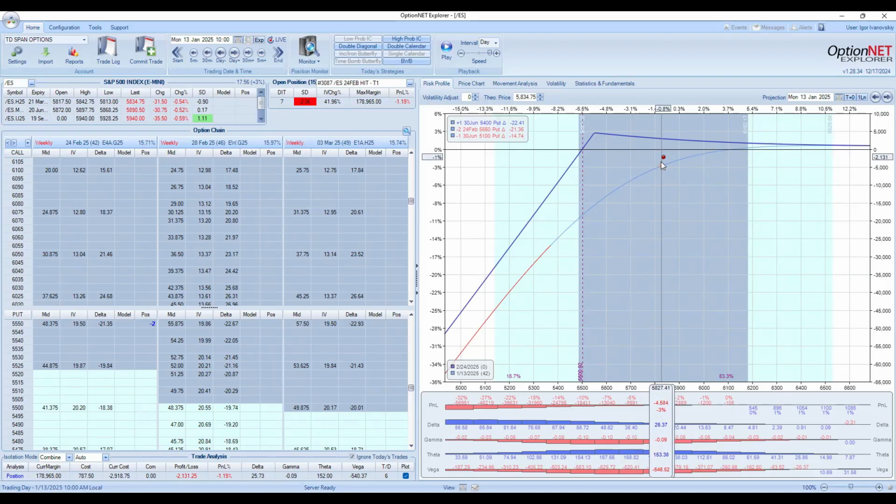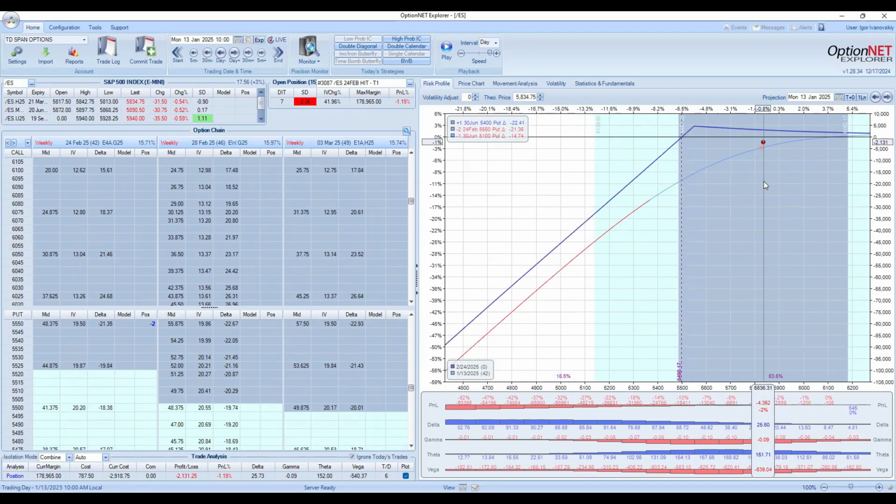That is why this is not a set and forget type of trade. You don't put this on and walk away until the last day before expiration of your short naked puts to check in on this trade, because what's going to happen is if we continue lower, you can see that my T plus 0 line is going to dive and the put debit spreads are going to continue to increase, but they're not increasing as fast or as much to offset any of the losses from the naked puts.